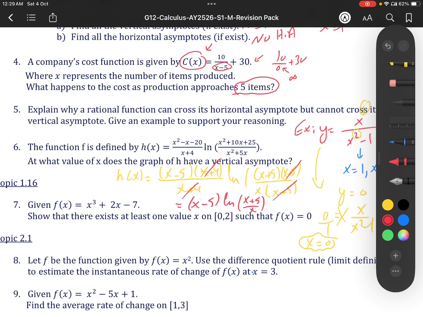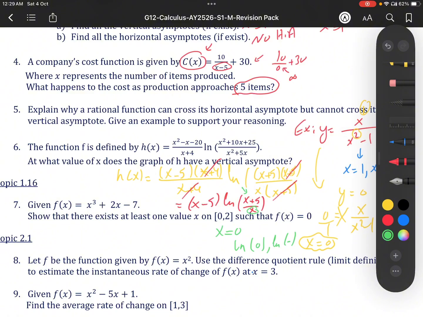Okay. For the vertical asymptote, the denominator is x, so x shouldn't be 0. So the vertical asymptote is x equal to 0. And if you replace x equal -5, because we have the ln, it shouldn't be 0 and shouldn't be negative.